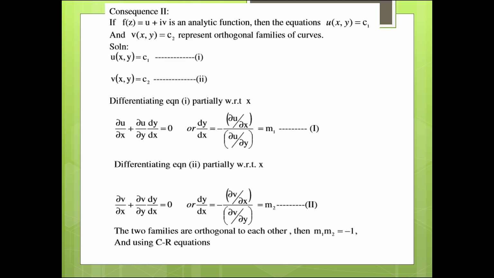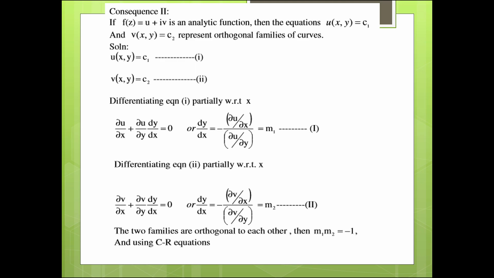Differentiating this partially with respect to x, we get dou u by dou x plus dou u by dou y into dy by dx equal to 0, or dy by dx equal to minus dou u by dou x divided by dou u by dou y, that is equal to m1. Differentiating again partially with respect to x, dou v by dou x plus dou v by dou y into dy by dx equal to 0, that is dy by dx equal to minus dou v by dou x divided by dou v by dou y equal to m2.